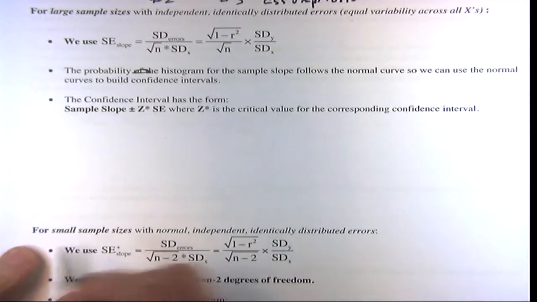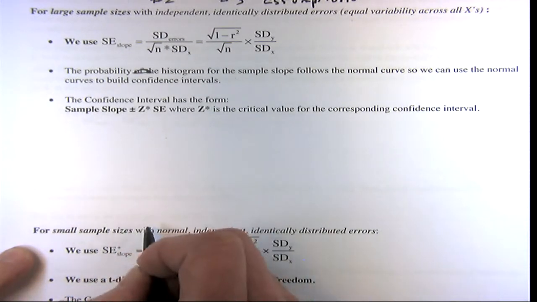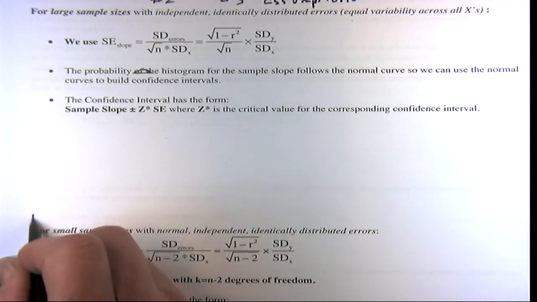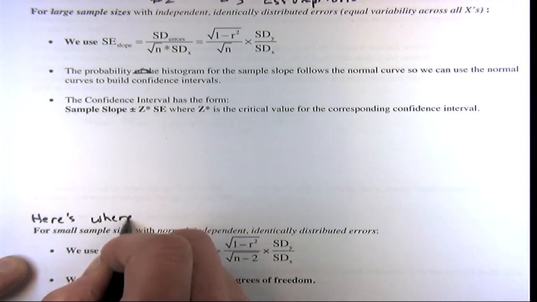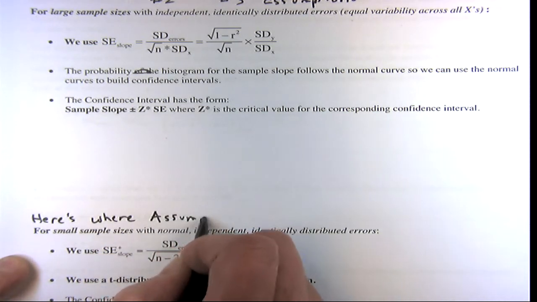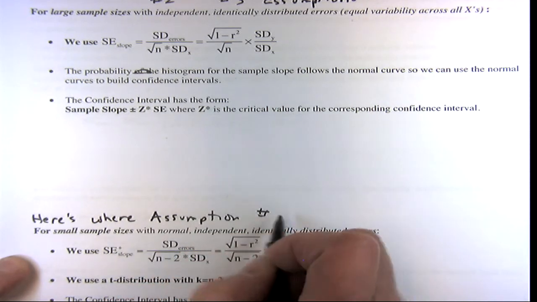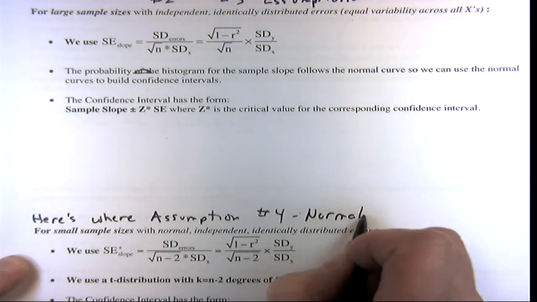Now we need to add for small samples. Here's where assumption number 4, normality, comes in, normality of the errors.